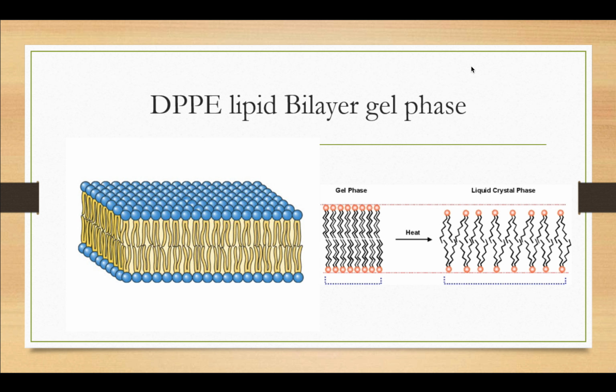We see the hydrophilic head groups on the outside and the hydrophobic fatty acids facing in. The image on the right shows the transition from the gel phase into the liquid crystal phase. When it gets heated up, the molecules become more disorganized. The gel phase, again, just refers to it being in its solid state.